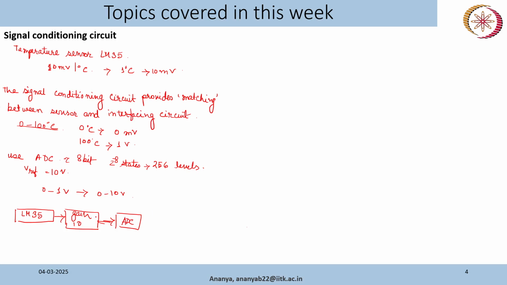Okay, now how can we make a circuit to get a gain of 10 or any gain, say AV? We normally denote it using this notation AV. How can we do that? We all know we can use an operational amplifier to get a gain of 10 or any value depending on the design.